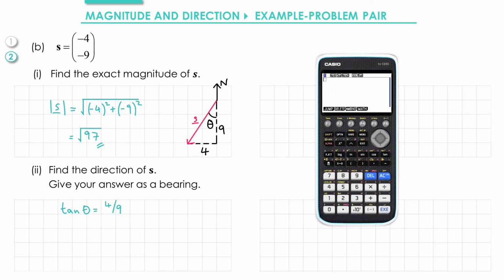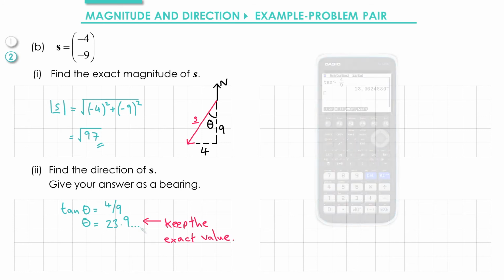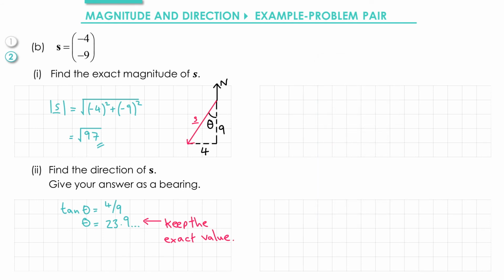If we put that into our calculator, we get theta equals 23.9. But as this isn't our final answer, we're going to leave that value on our calculator display and use it later. So to get our bearing, we need to start from north and go all the way round. We already have this part of the angle here.